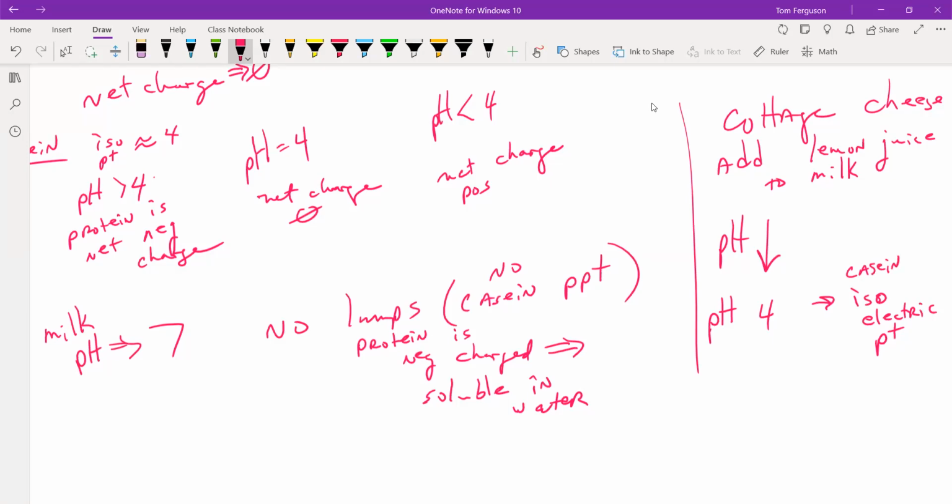So the charge on the casein now at pH 4 is neutral, 0. Everything cancels out. So that protein is no longer negatively charged. Hence, it's nonpolar. So what do nonpolar things in water do? They do not dissolve in water really well. Exactly. So it clumps.